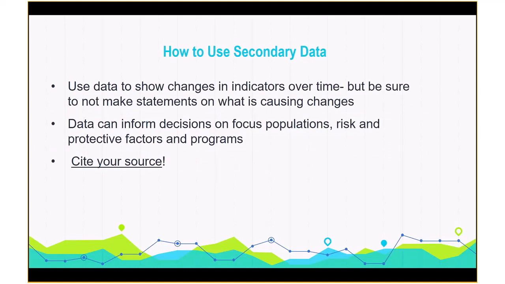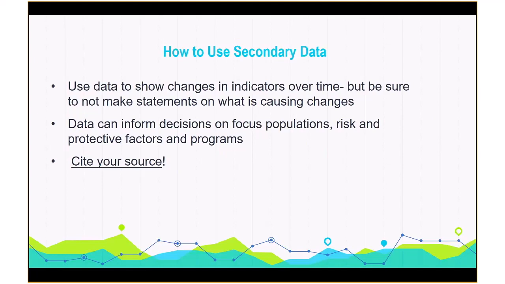Other ways to use secondary data is to use data to show changes in indicators over time. Be careful with this. You want to make sure that you do not make statements on what is causing changes.